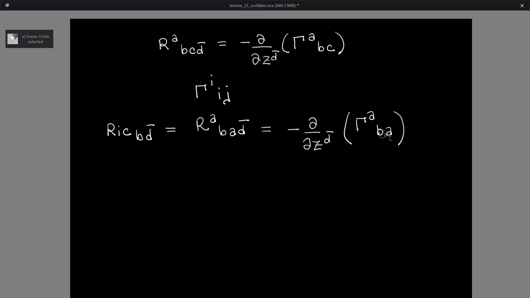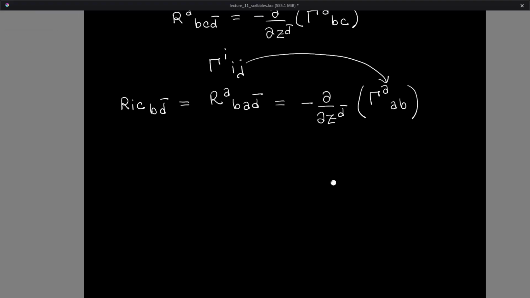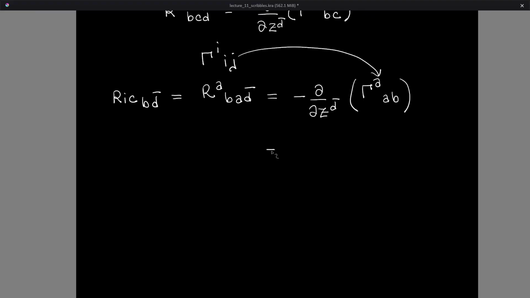So this is actually the same thing as A B. And so there we get that same structure. And so then we get minus partial Z D bar of partial Z B of the ln, the natural logarithm of the determinant of h.